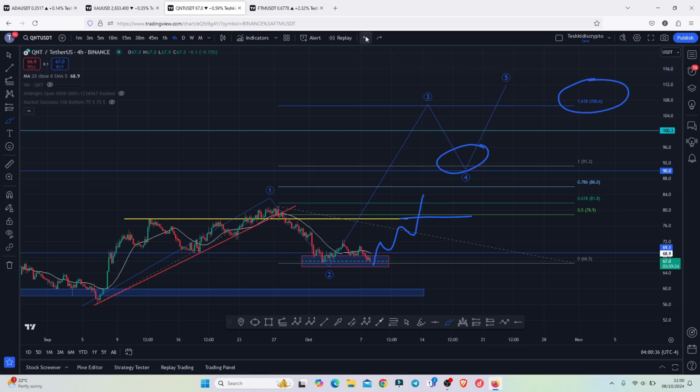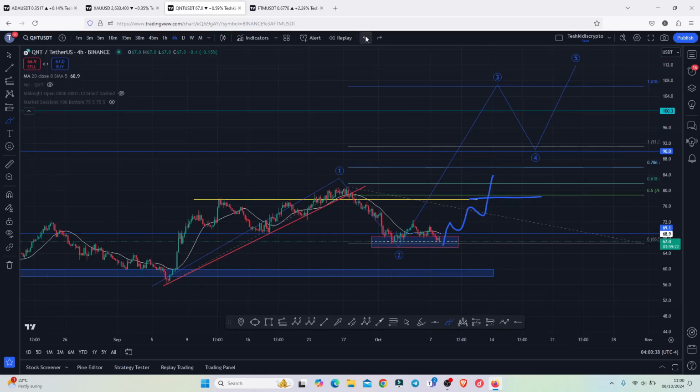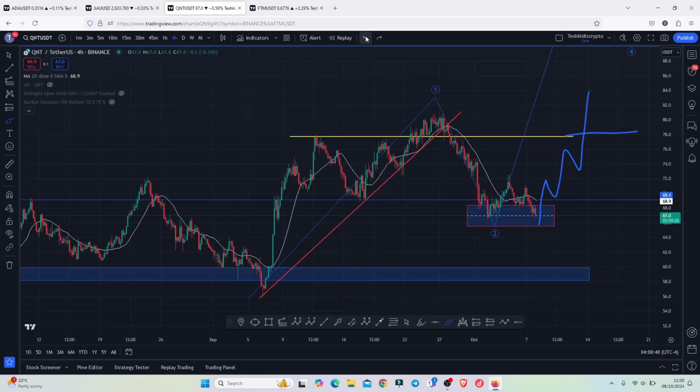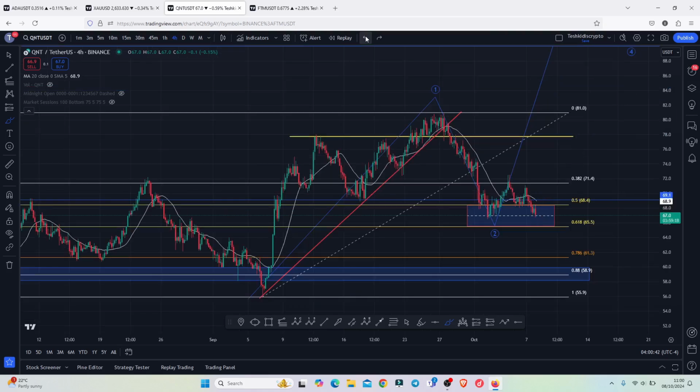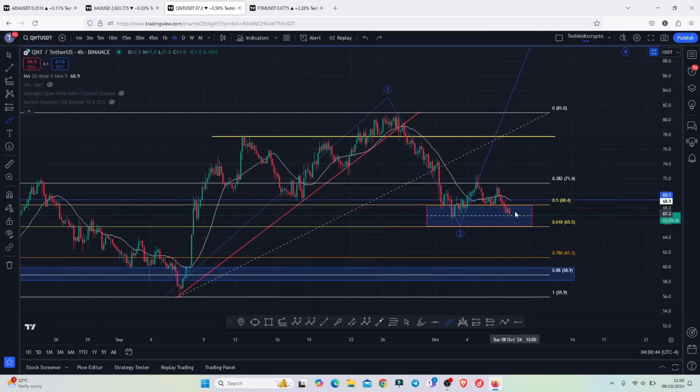So that is the price action that I'm expecting in case we continue holding above key areas of support. We also need to have in mind that this pullback can continue, and if that is the case, then there are chances that we can lose the fib level 0.618, flipping it back into resistance.